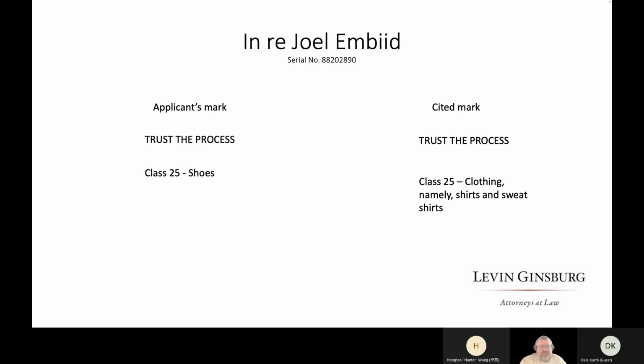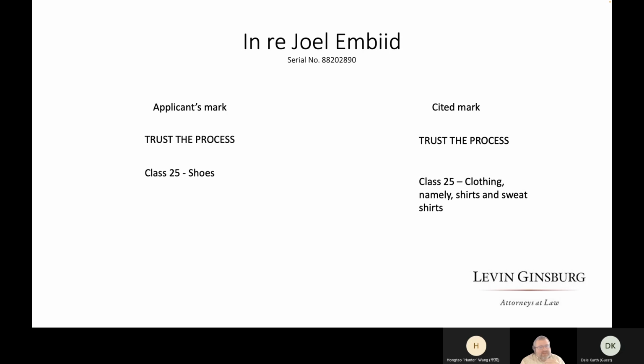There was one case I actually wanted to talk about, but it focuses more on the dilution statute. There's a recent case, Spotify versus Spotify. Spotify is, of course, the famous music service, and the other Spotify was an application brought by an owner of a marijuana dispensary.